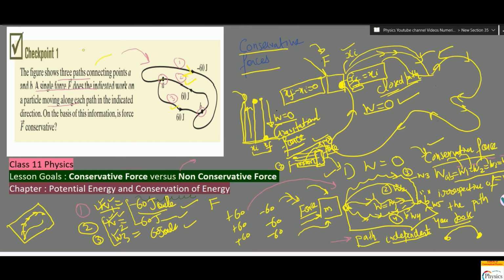Move from this to this using a different route, maybe go out of the ground, come back. In each of these, the work done will be different because the frictional force in each situation is different, right? Therefore, we can't say that it's a path independent situation. The work done depends on the path. If the work done depends on the path, the force has to be non-conservative. I hope this made sense to you.